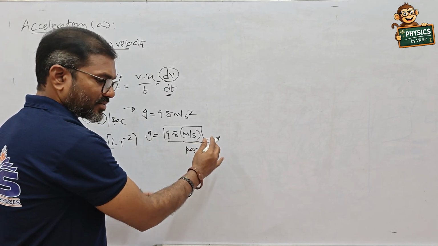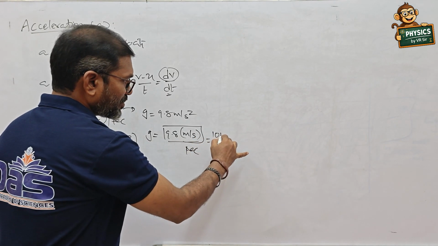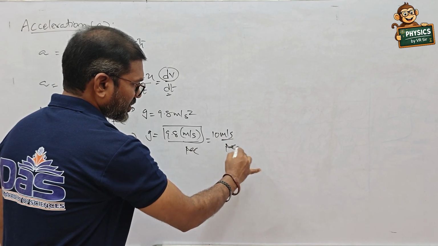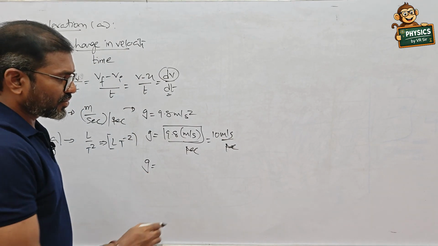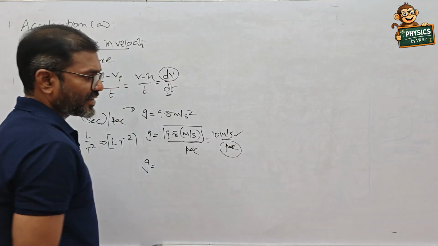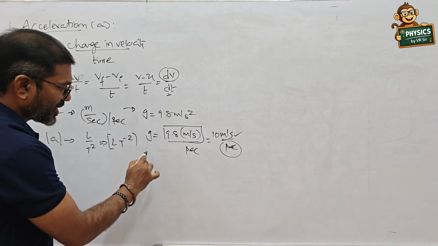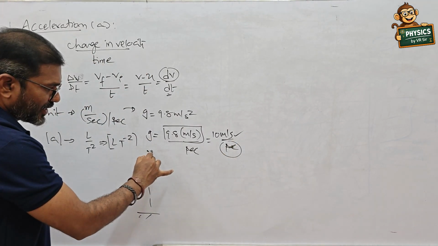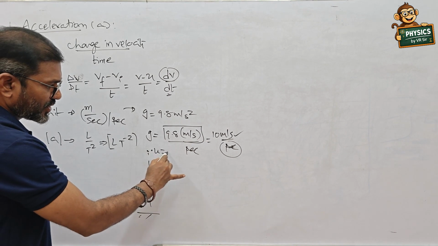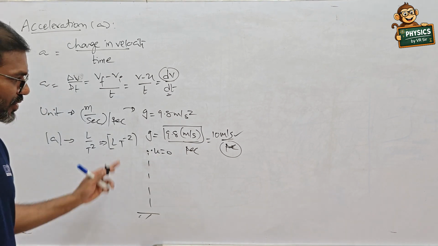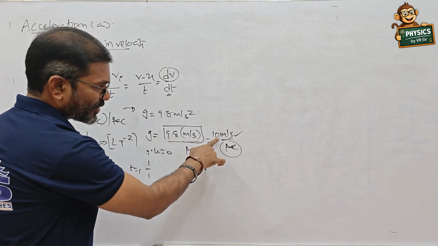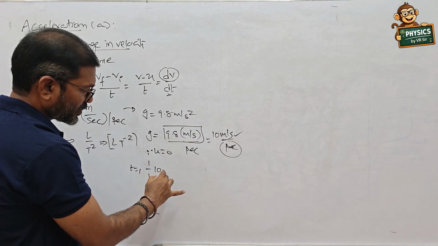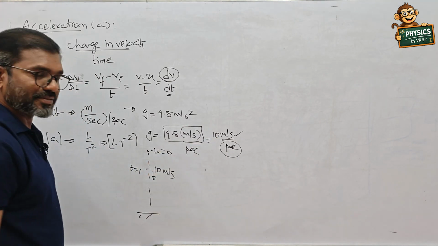For calculation purposes, if I take 10 meters per second, look at this carefully: g is equivalent to, for every second, a change in velocity of 10 meters per second. What does it mean? The object is falling down, and its initial velocity u is equivalent to 0 when it is dropped from some height. After 1 second, what is the change in velocity? 10. So its velocity is 10 meters per second.